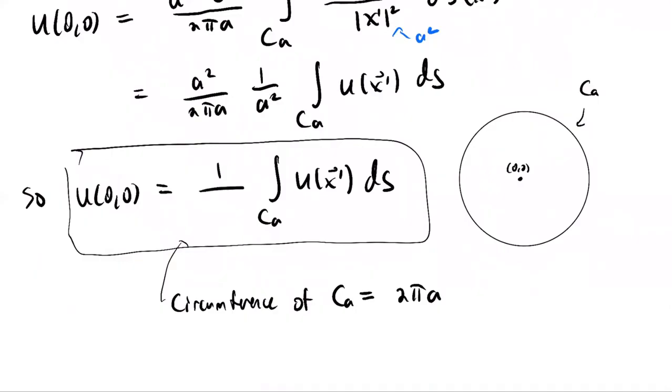What is the circumference of the circle? It's the same thing as the length of the circle. So if I integrate my solution along the circle of radius a, using a line integral, and then multiply that by 1 over the length, this gives me the value of u at the origin. And this is for any a.